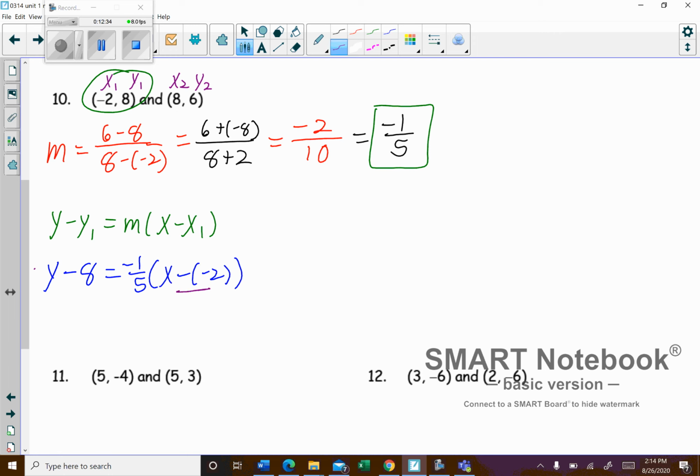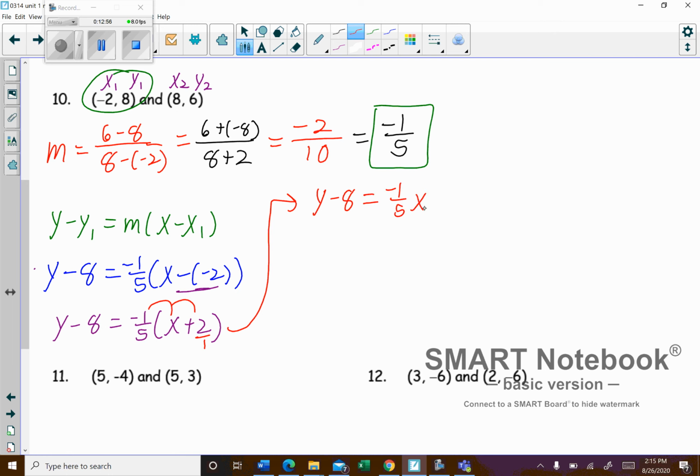Okay, I do have double negatives right there, so we'll deal with that. Okay, and then now we're going to distribute the negative 1/5. So we're going to have y minus 8 equals, and then negative 1/5 x.